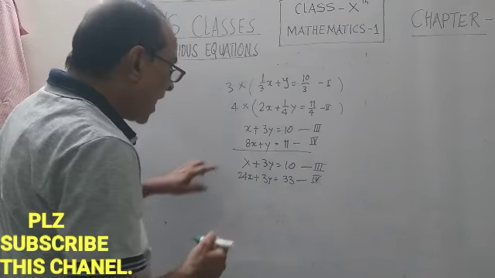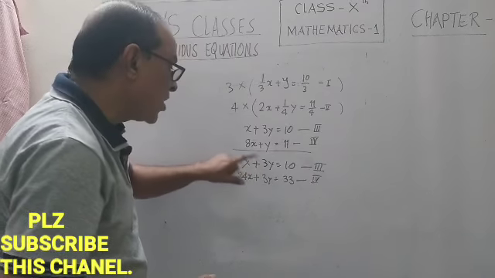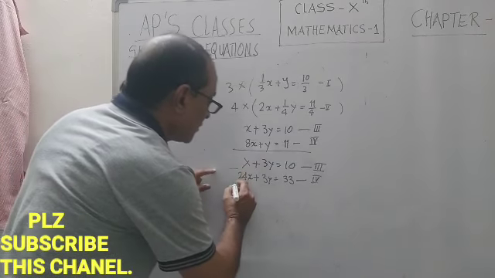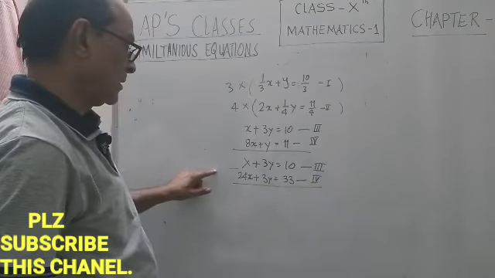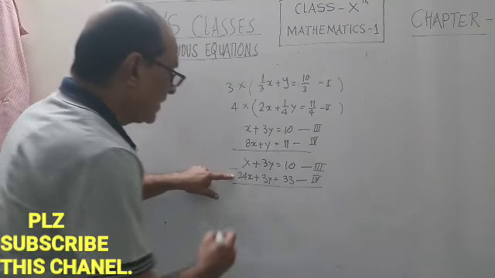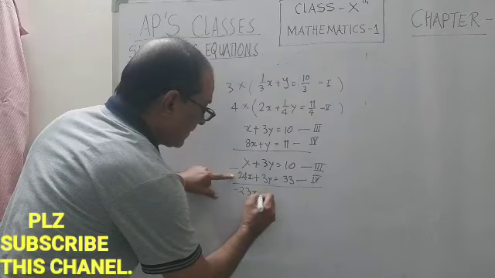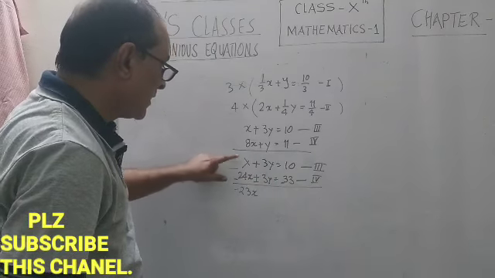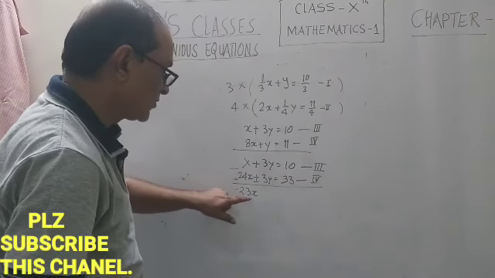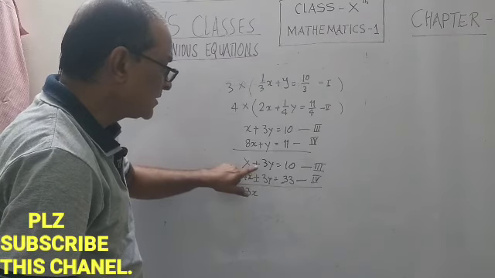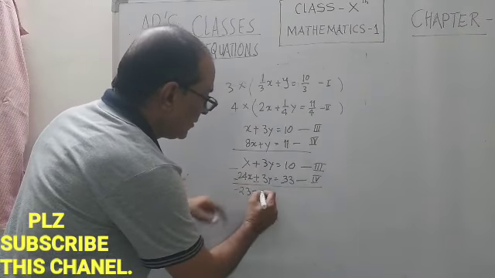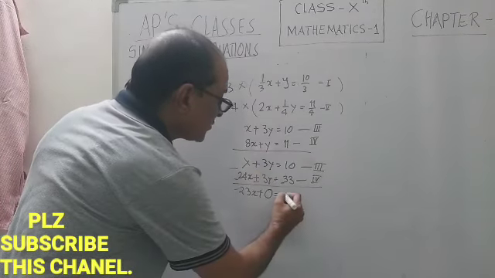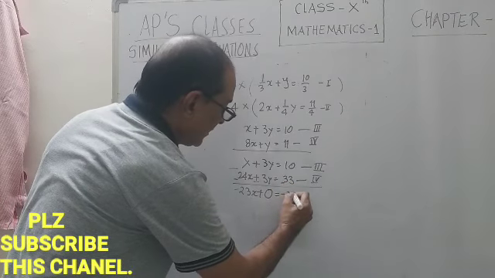Nothing more. Okay. Now, I can eliminate y, but for eliminating the y variable, I need to subtract one equation from the other. Now x minus 24x, minus 23x. x minus 24x is minus 23x, plus 3y minus 3y will give the nil result, I mean 0. 10 minus 33, that is minus 23.